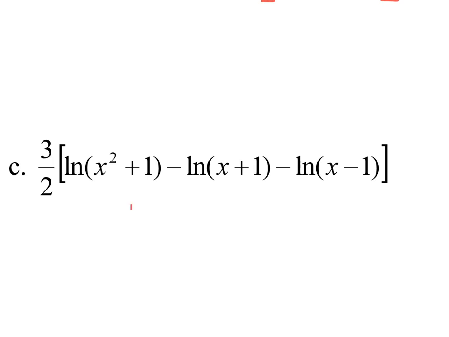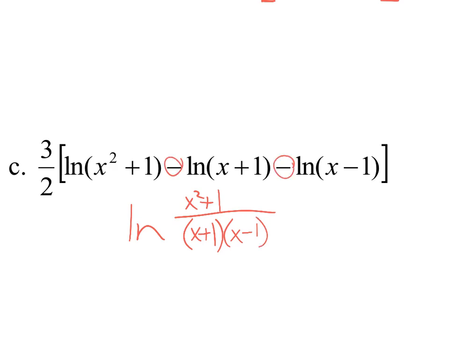So what's that going to look like? ln of x squared plus 1 divided by x plus 1 times x minus 1. There we go. Anything that you see is negative, that means put it down in the denominator. Okay? And anything that gets put down in the denominator just gets multiplied together down there. Okay? This was positive, so it ends up in the numerator.